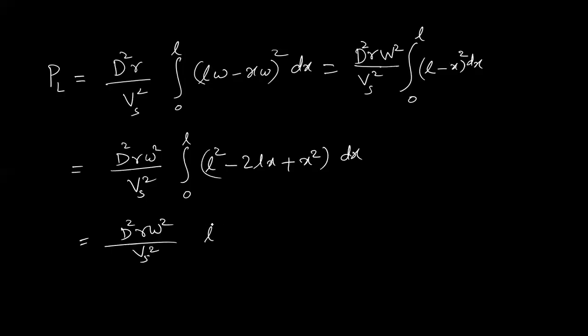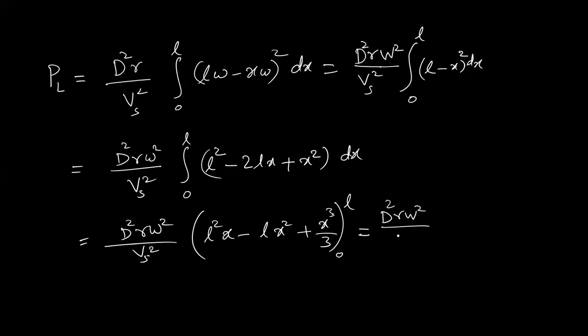So the integration is L square x minus L x square plus x cubed by 3. I am carrying out the integration and substitution of the limits. So d square R W square by Vs square becomes equal to L cube minus L cube plus L cube divided by 3 minus 0.